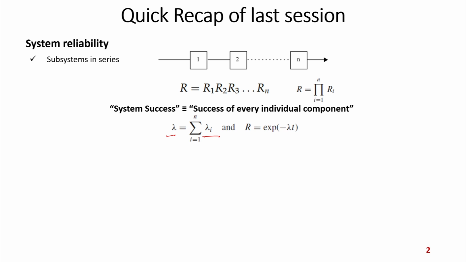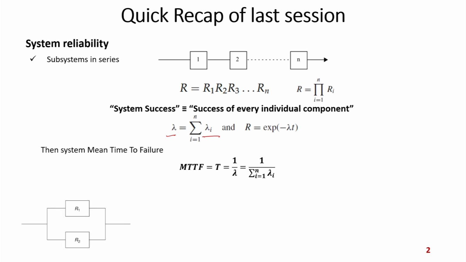In that case we can show that the failure rate of the system is the algebraic sum of all the subsystem failure rates. Then if you would like to calculate the mean time to failure, whenever the failure rate is constant, you can show that the mean time to failure is given by 1 by the failure rate. So, in that case you will have 1 by the summation of the failure rates of the individual subsystems or elements.